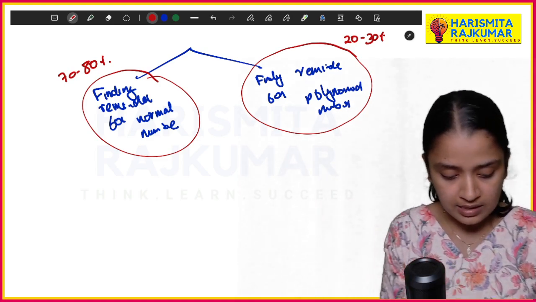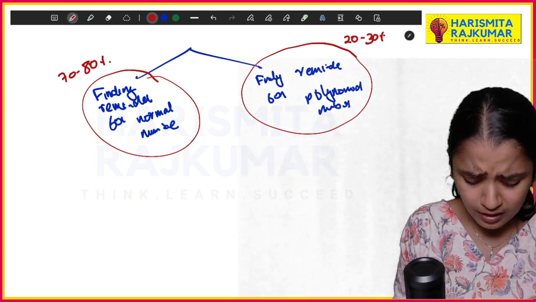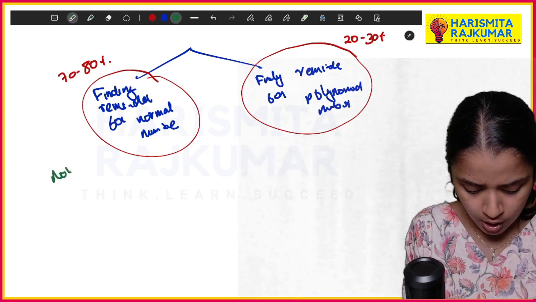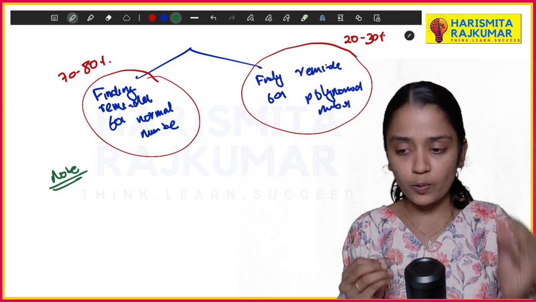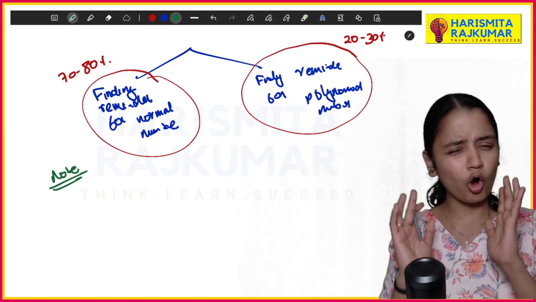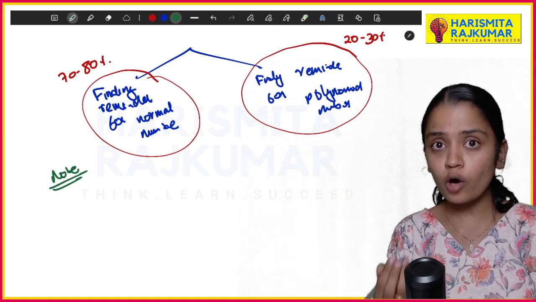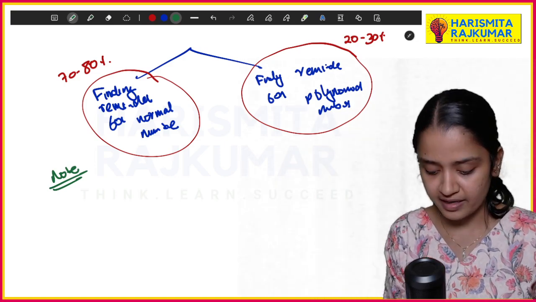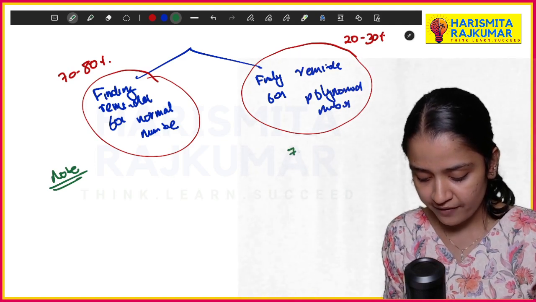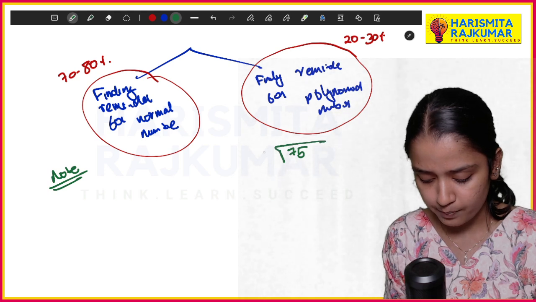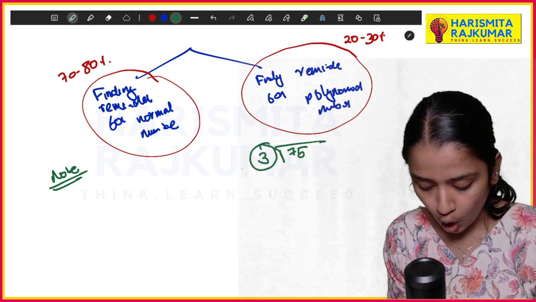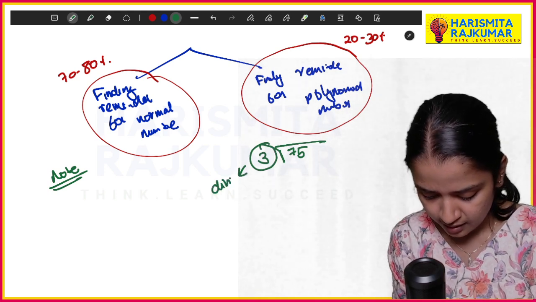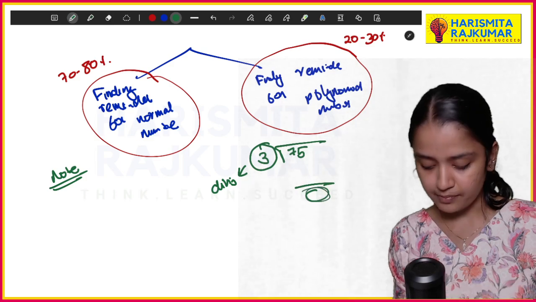Now first, let's go to the tips. The first important note which you should remember is that the remainder will always be less than the divisor. I hope you understood what is remainder and what is divisor. When you say 75 divided by 3, this 3 is the divisor, and finally you'll be getting some answer, right?